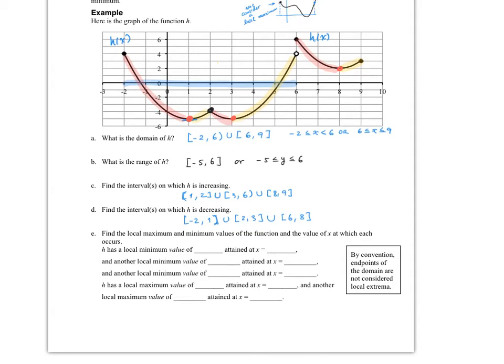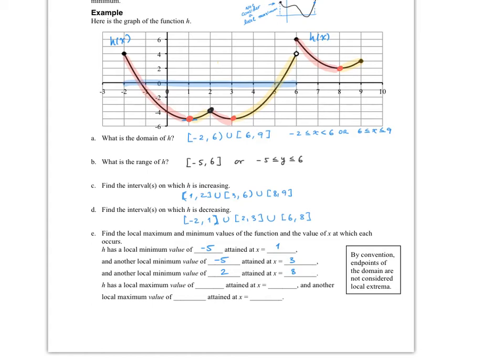So therefore, h has a local minimum value of -5, and this is obtained when x is equal to 1, which is this value right here. And then you have another -5, and this is obtained when x is equal to 3, and the last one is this one, so the value for that one is 2, and that happens when x is equal to 8.